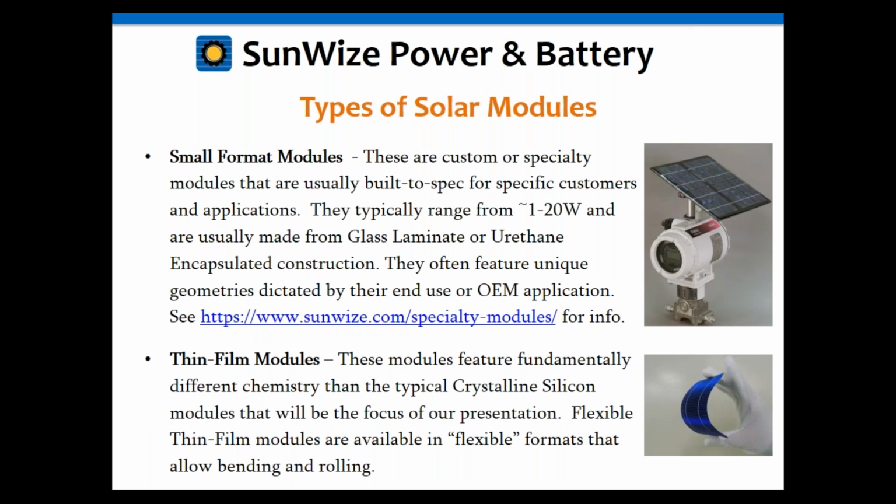Okay, so let's briefly talk about types of solar modules. Solar modules are broken up in a couple of different sizes. We have the small format, which is more of your off-grid ones. Usually they can be integrated into products. They might be custom made. We've also got thin film, which can be bent. Thin film is an amorphous type as opposed to crystalline.